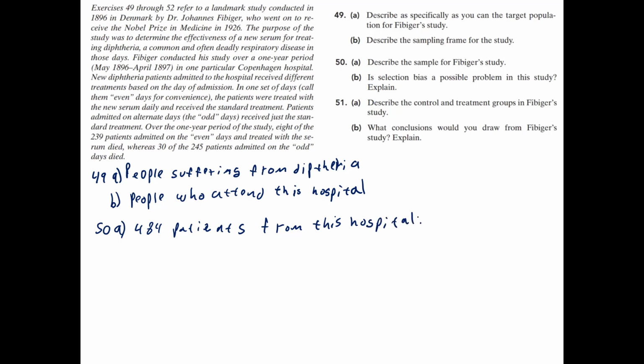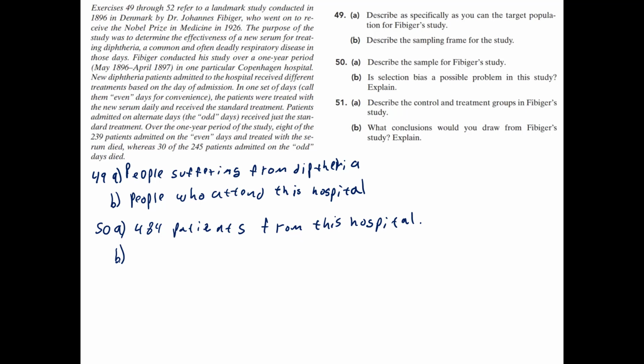Okay. Is selection bias a possible problem in this study? Explain. So it seems as if you came in on one day, you got the treatment. If you came in on the odd days, you didn't get the treatment.